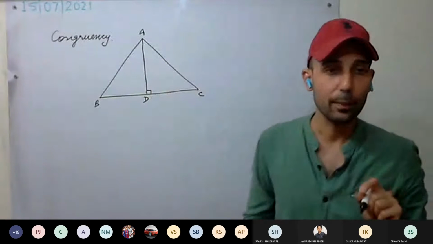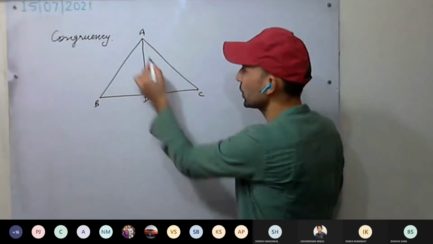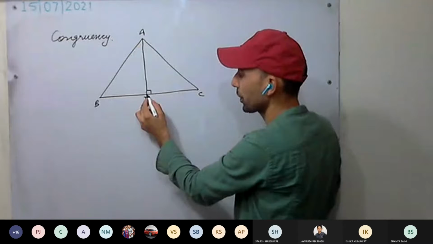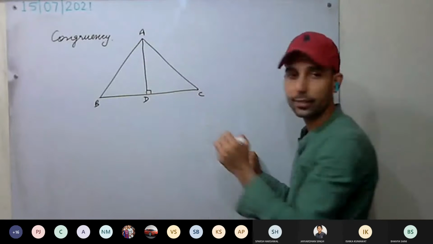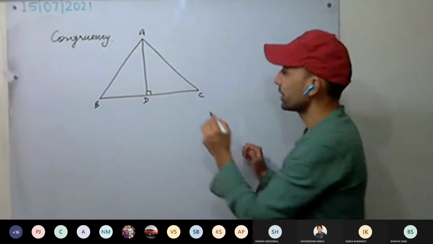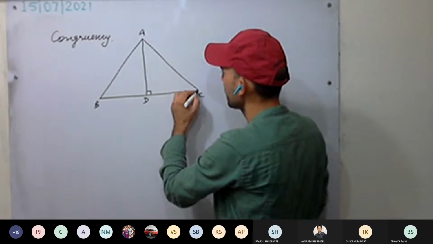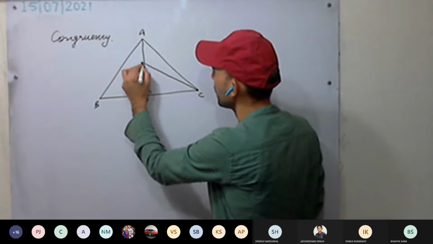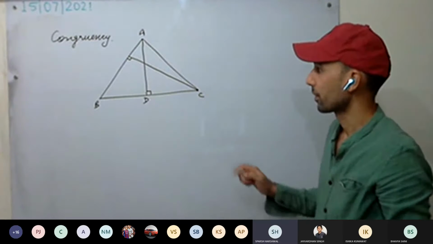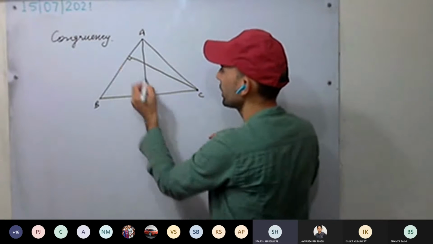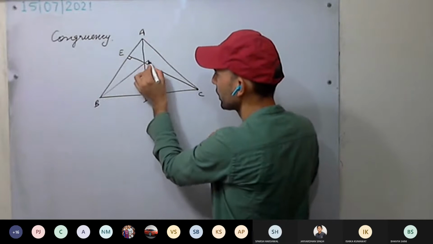If you remember, you have taken the area of the triangle as half into base into height. That height is nothing but the altitude. Similarly, from this vertex we can draw an altitude, and from B we can draw the altitude.